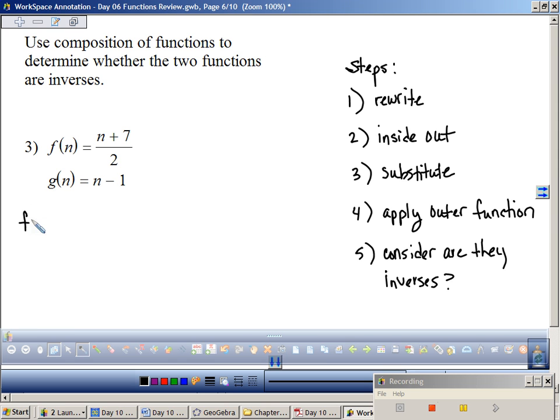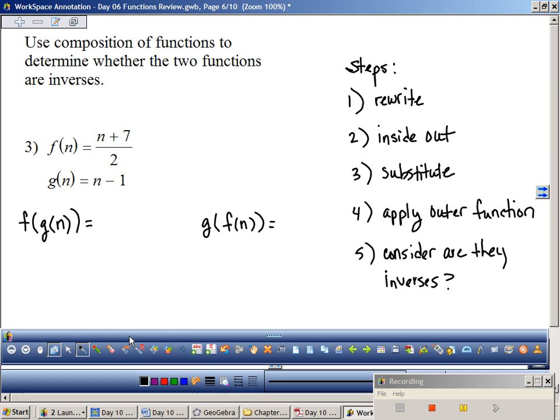So I have f of g of n. And we also have to consider g of f of n. We put a line down the middle. Consider them separately. Okay, so inside out. Let's get some colors going on.